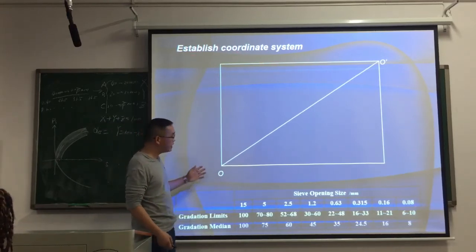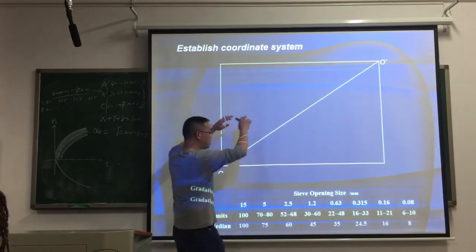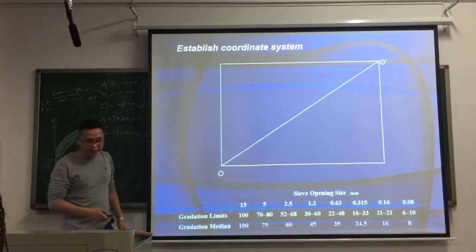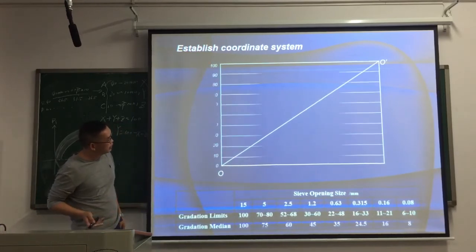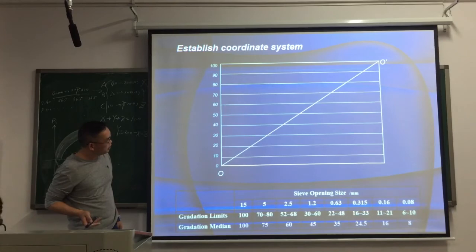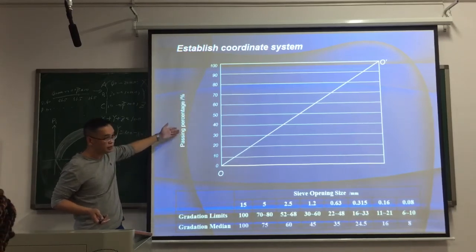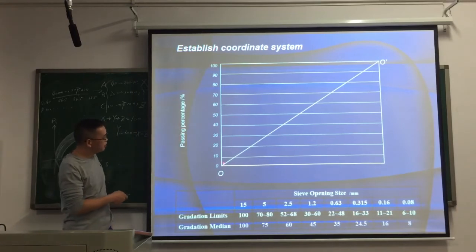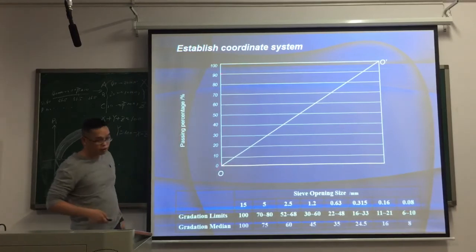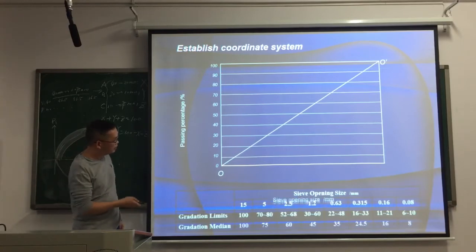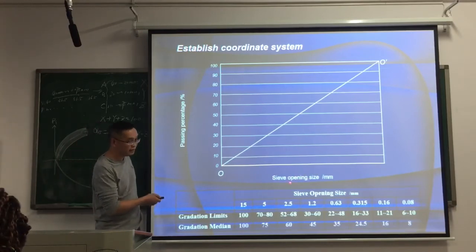For the coordinate system, this is a rectangle, and this is the passing percentage. The passing percentage is from 0 to 100. So how can we get the same opening size?